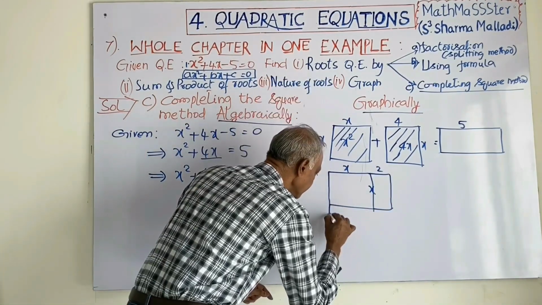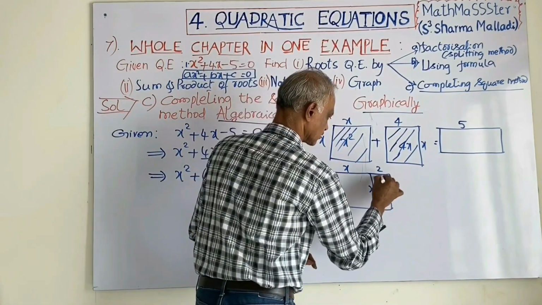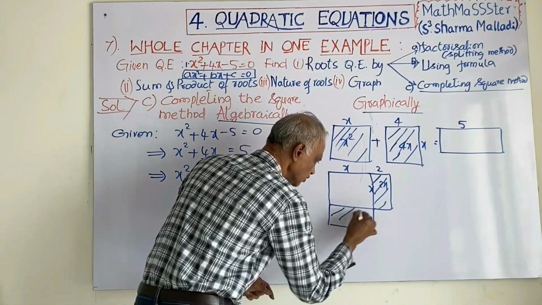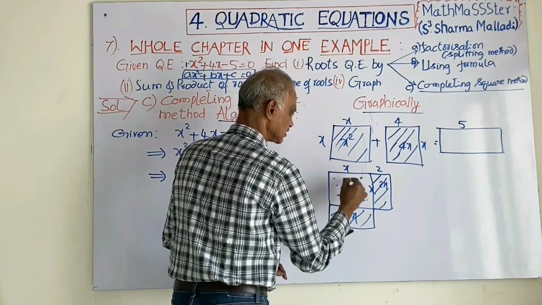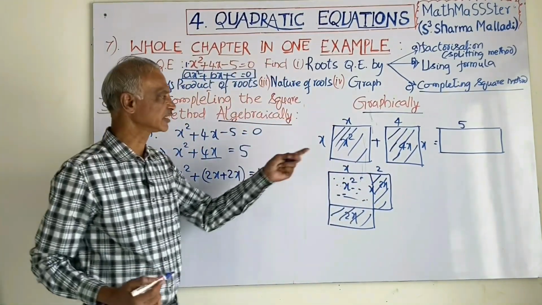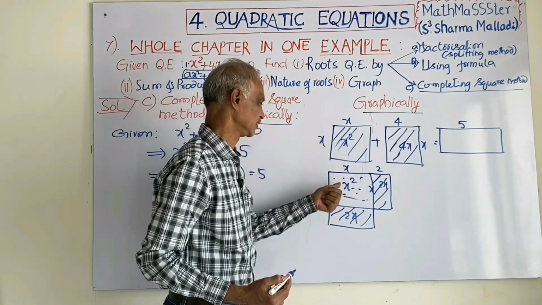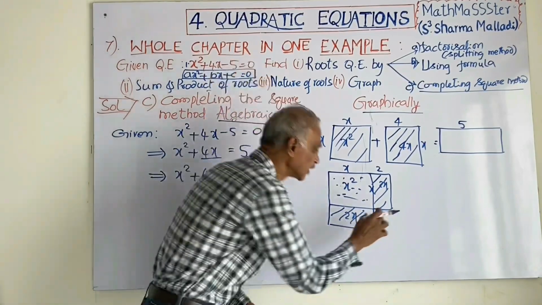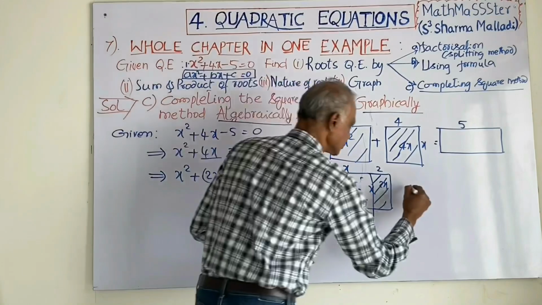Here I will take 2x. This is 2x, this is 2x, this is also 2x. What is the area of this square? X square. I converted this x square plus 4x like x square plus 2x plus 2x. We have to complete this square, that is the problem, is equal to 5.